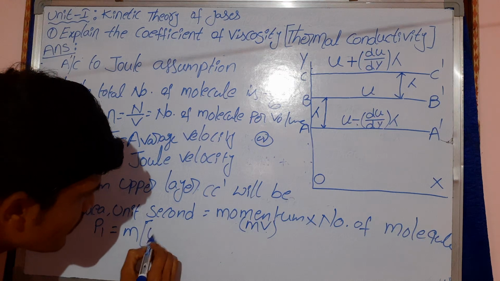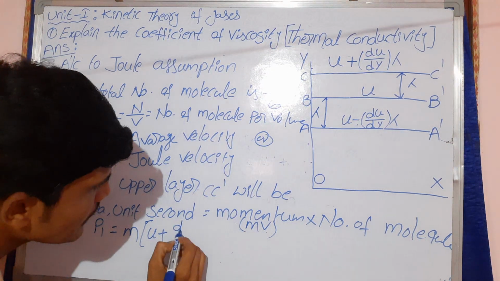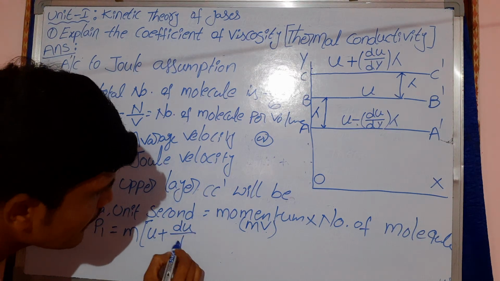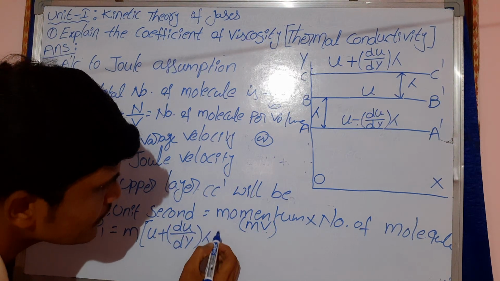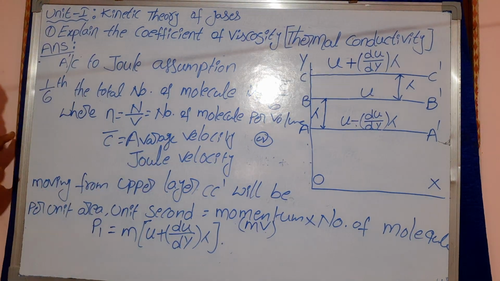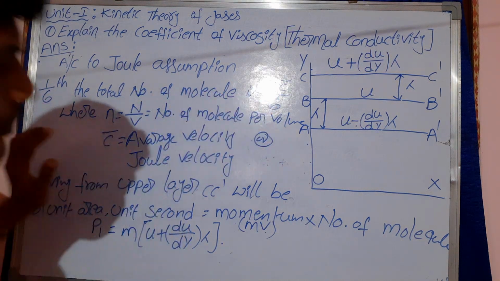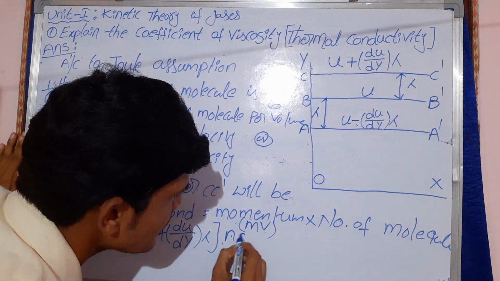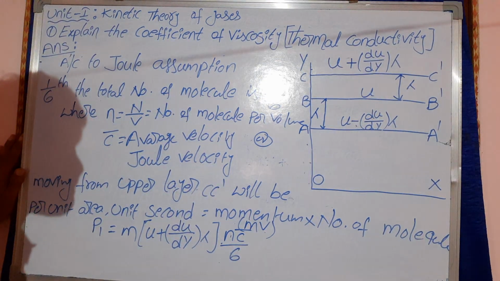So u plus du by dy into lambda, into, according to Joule's assumption, n c bar by 6.